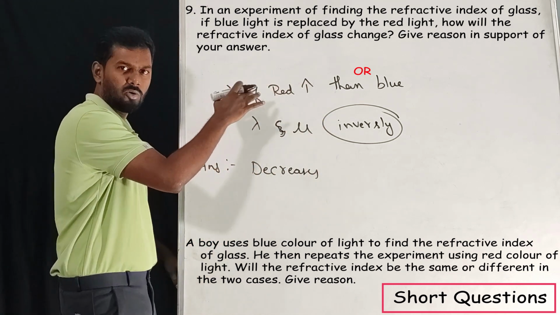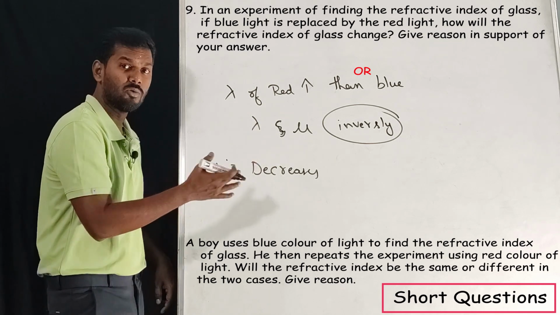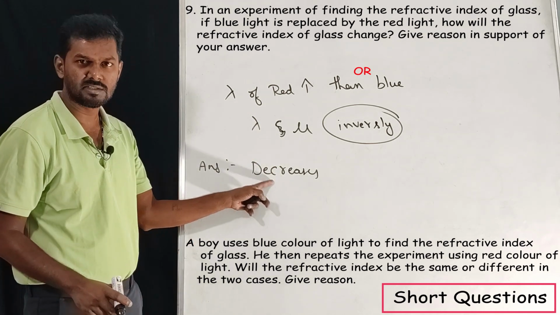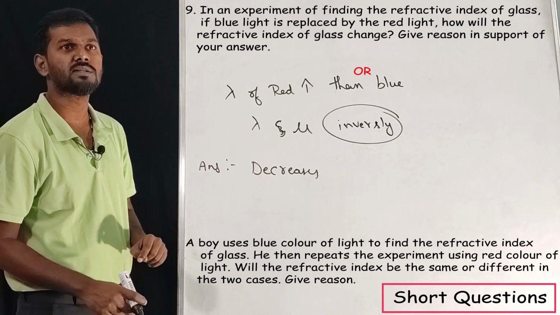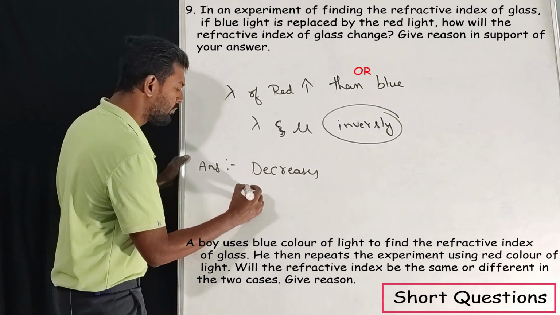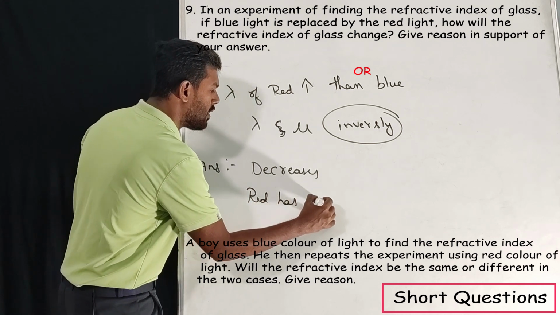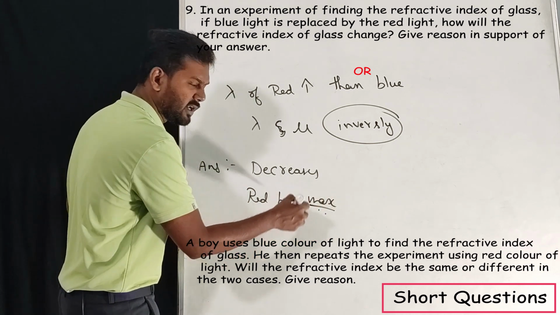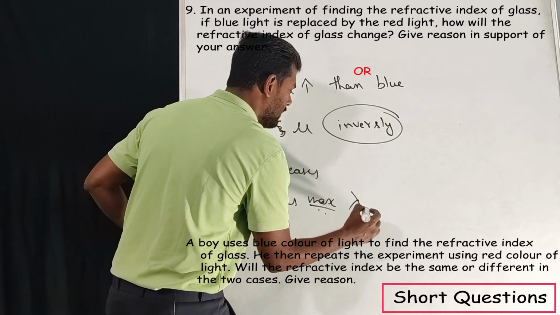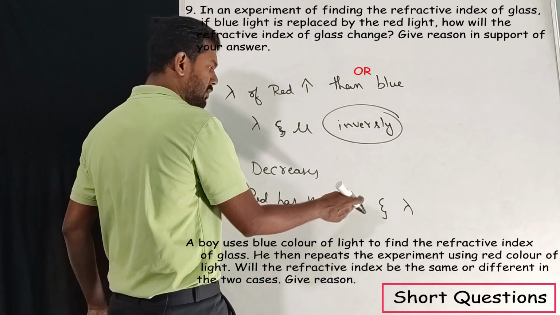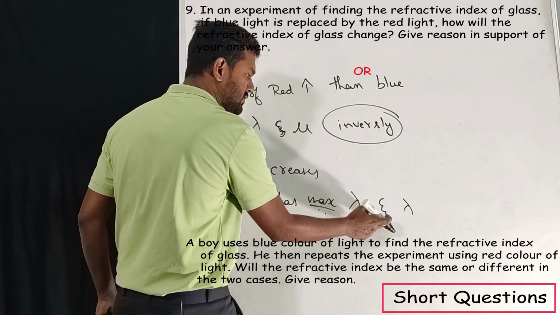This is the concept. Don't write this in the exam. I am going to teach you how to write. How will the refractive index change? It decreases. Refractive index will decrease. Give reason: because red has maximum wavelength, write it in full form, maximum wavelength, and in the exam you should not use the symbols, this one, this one, this one.